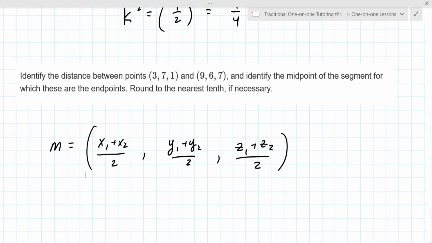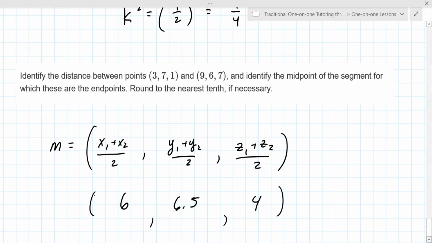So could you go ahead and find the midpoint for me of those 2 points? Okay, I got 6, 6.5, and 4.